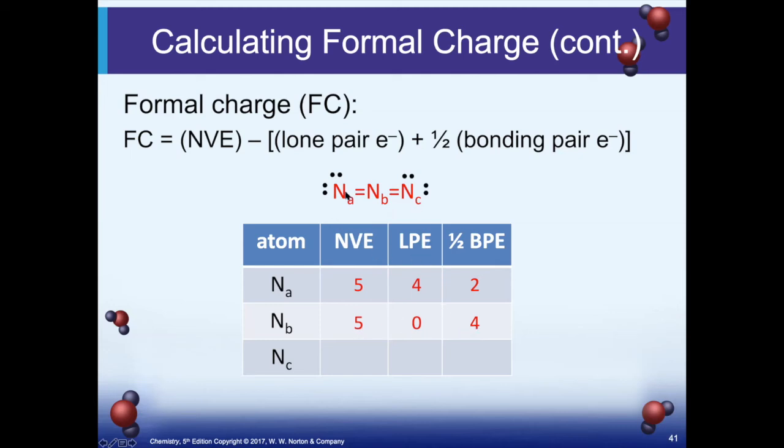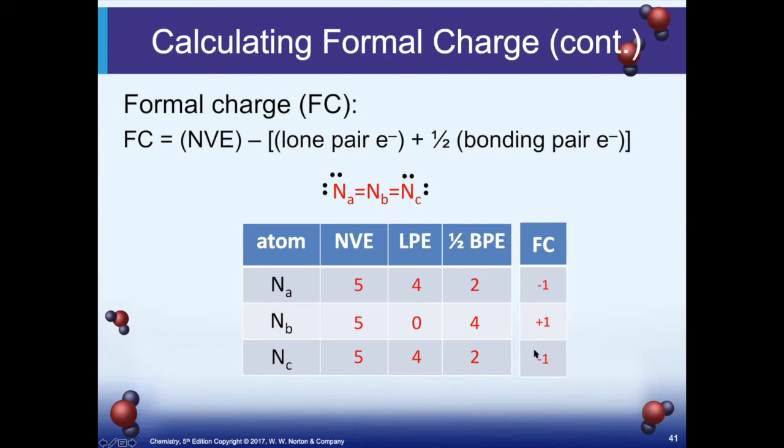And nitrogen C is equivalent to nitrogen A, so 5, 4, 2. Now we have all the numbers that we need. We have the NVE, the lone pair electrons, and 1/2 of the bonding pair electrons for each one of these nitrogens. So now I can calculate the formal charge for each of them. It turns out to be -1 for nitrogen A, +1 for nitrogen B, and -1 for nitrogen C.